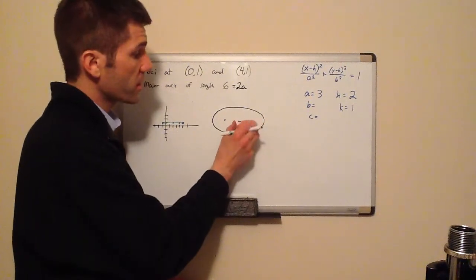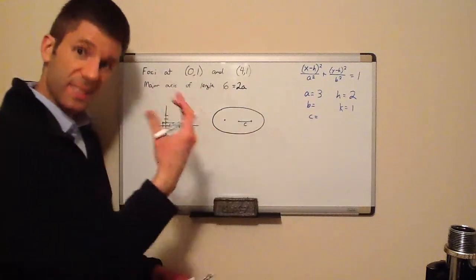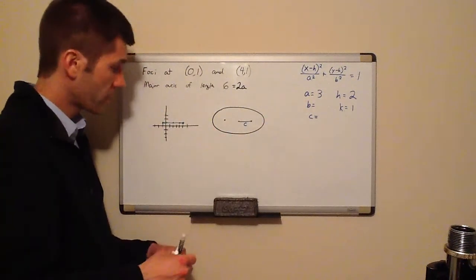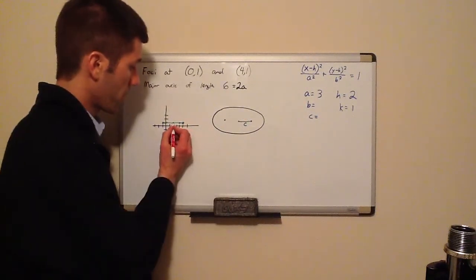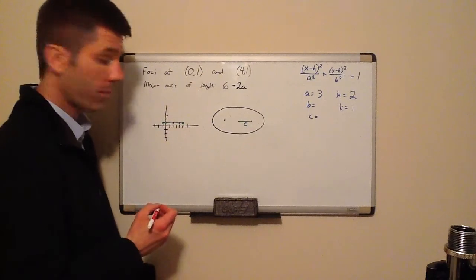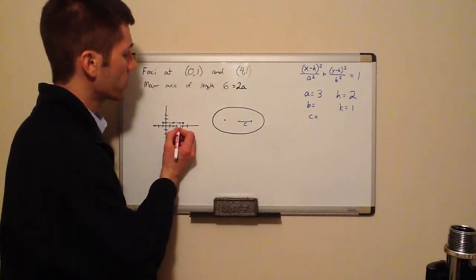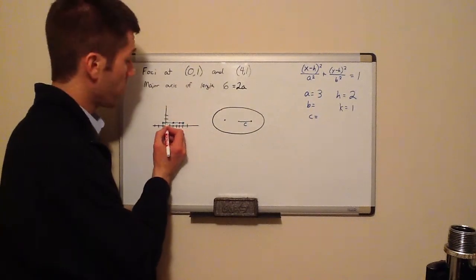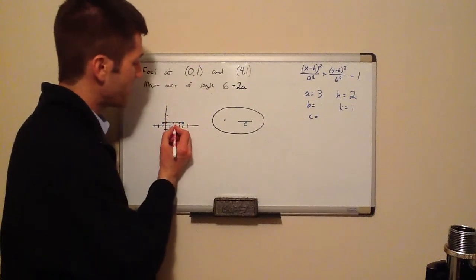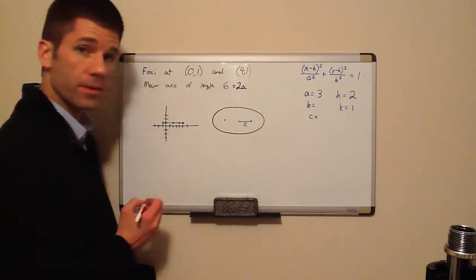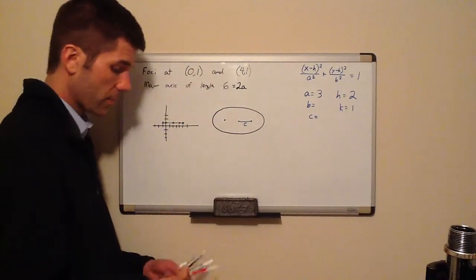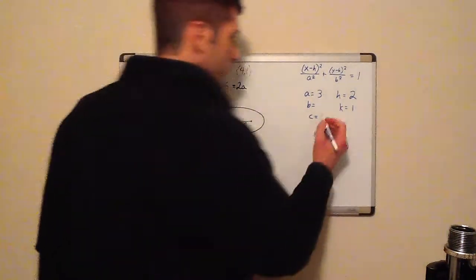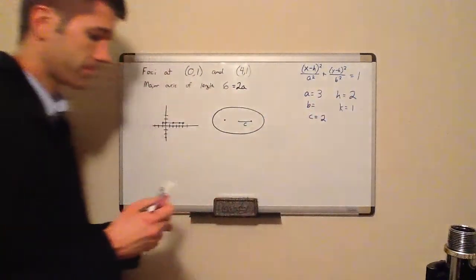The distance from the center to a focus is C. Well, how far is it from our center at 2, 1 to a focus maybe at 4, 1 or maybe at 0, 1? What is this distance right here? I believe you can count. The answer would be 2. There we go.